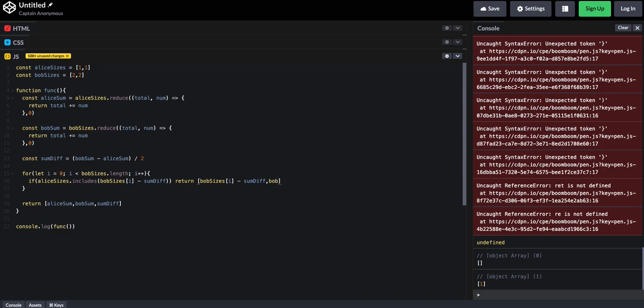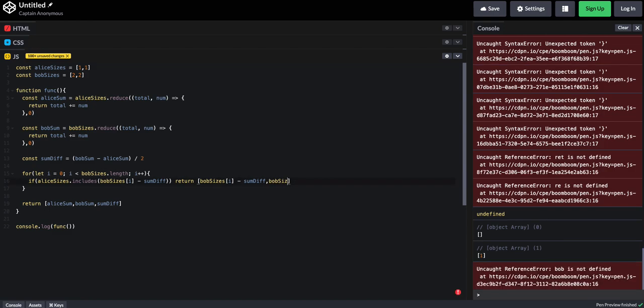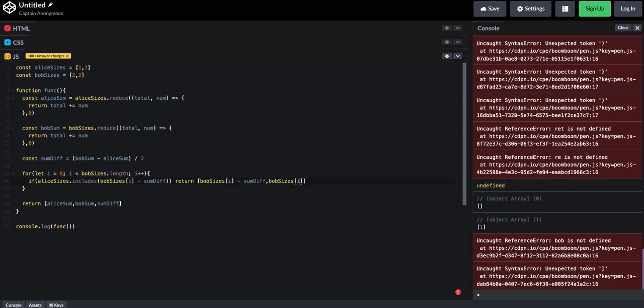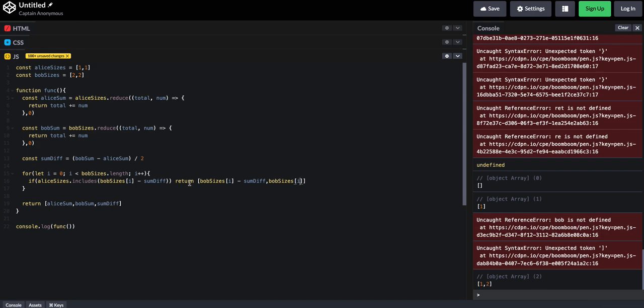And then Bob sizes at i. Here you go. Now we don't need this at all, because there's always going to be a correct answer.